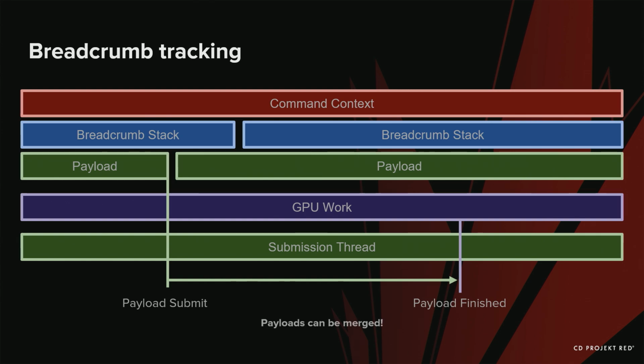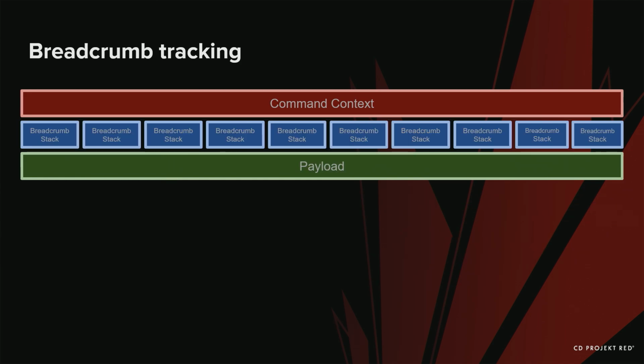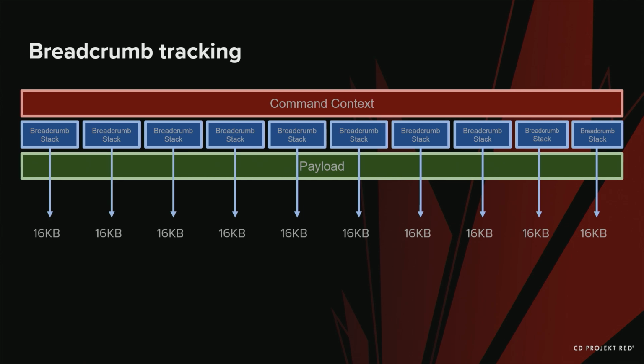Now, in some cases, payloads can also be merged. So in that case, we have to combine all references to the breadcrumb stacks into the merged payload. However, there are some things that can go wrong with this approach. For example, if we get a lot of breadcrumb stacks. As mentioned before, they always take memory from a pool in chunks of 16 kilobytes.